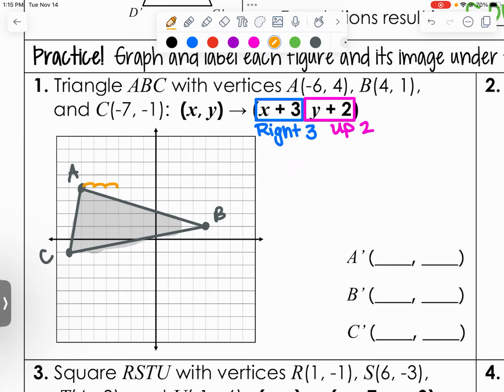Right 3, up 2. And that's our new coordinate A. And so we're going to put A with a little apostrophe. I call that A prime. It's our new A. So from coordinate A, we went right 3 and up 2, and now we have a new A.